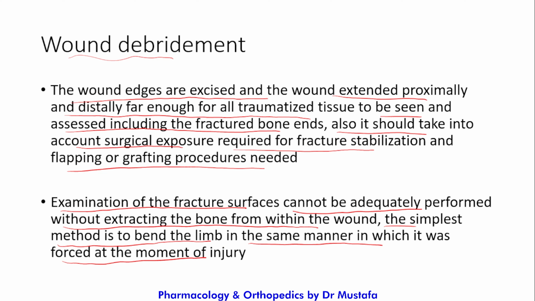Meaning, when you bend the limb, this would lead to extracting of the bone and the fracture would be seen easily. So again, in wound debridement, the wound edges are excised and the wound extended, and then the limb is bent, so the bone is extracted and the fracture is examined easily.